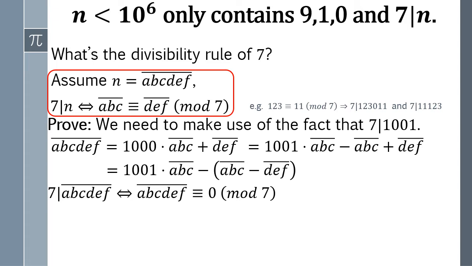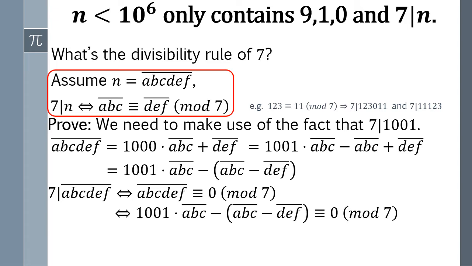So, abcdef is divisible by 7 is equivalent to abcdef being congruent with 0 modulo 7, which is also equivalent to 1001 times abc minus the difference between abc and def being congruent with 0 modulo 7.